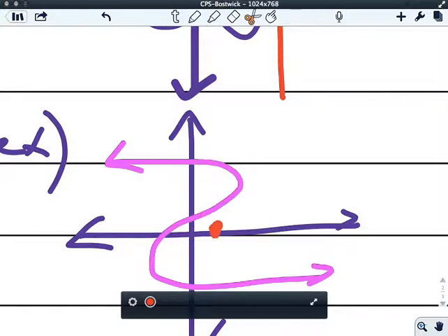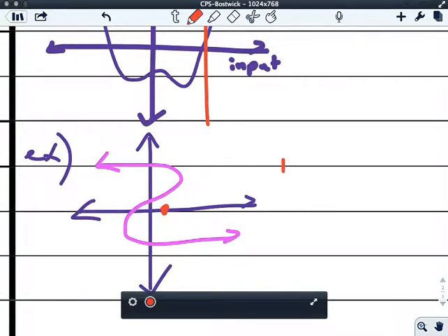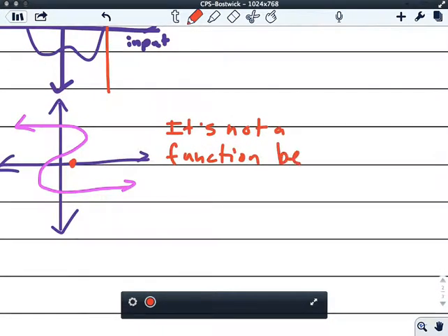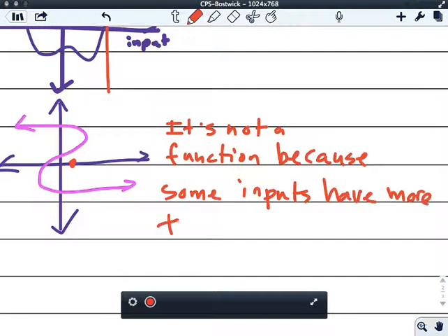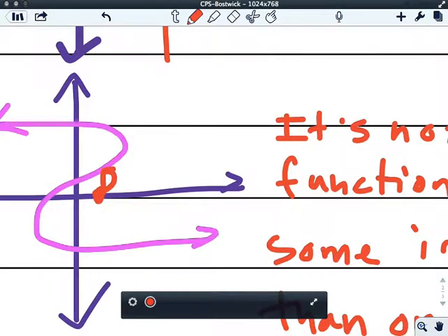So this input right here on the x-axis has 3 different outputs, which means that this is not a function, because some inputs have more than one output. We can kind of illustrate that here. It has that output, it has that output, and it has that output.